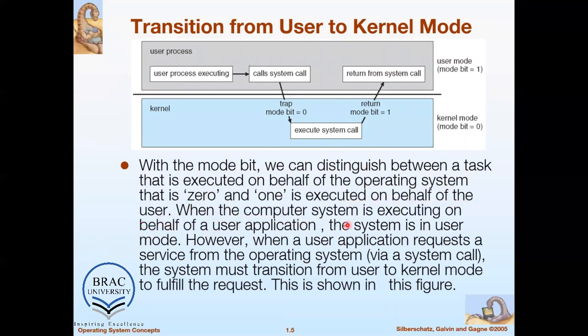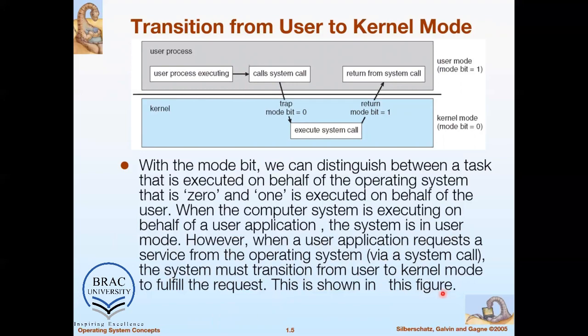When the computer system is executing on behalf of a user application, the system is in user mode. However, when a user application requests a service from the operating system via a system call, the system must transition from user to kernel mode to fulfill the request.